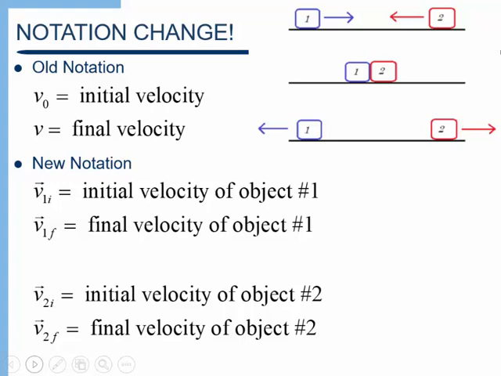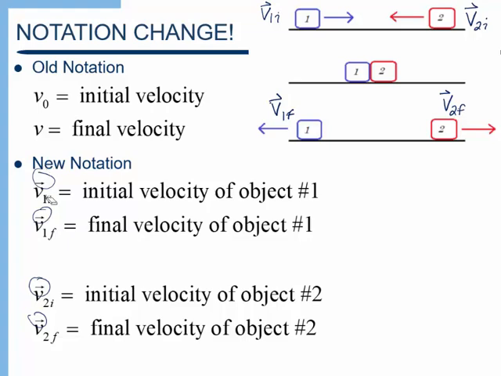So in this diagram, object 1 would have a velocity v1 initial, object 2 would have a velocity v2 initial, and then after the collision, object 1 would have a velocity v1 final, and object 2 would have a velocity v2 final.